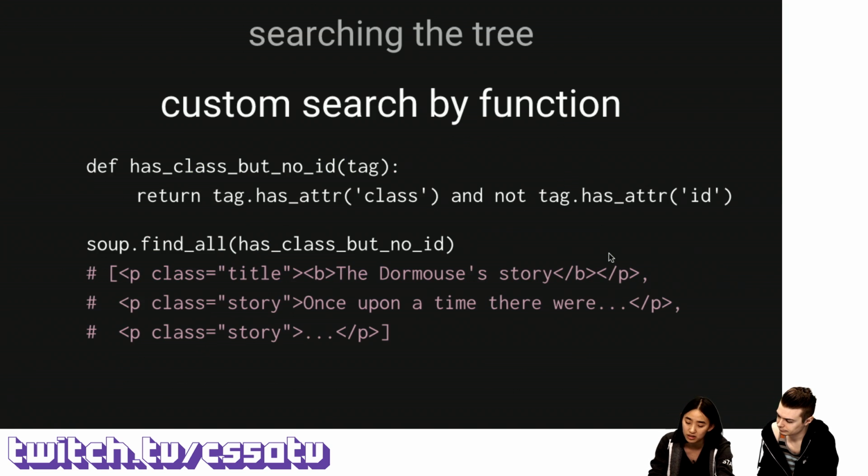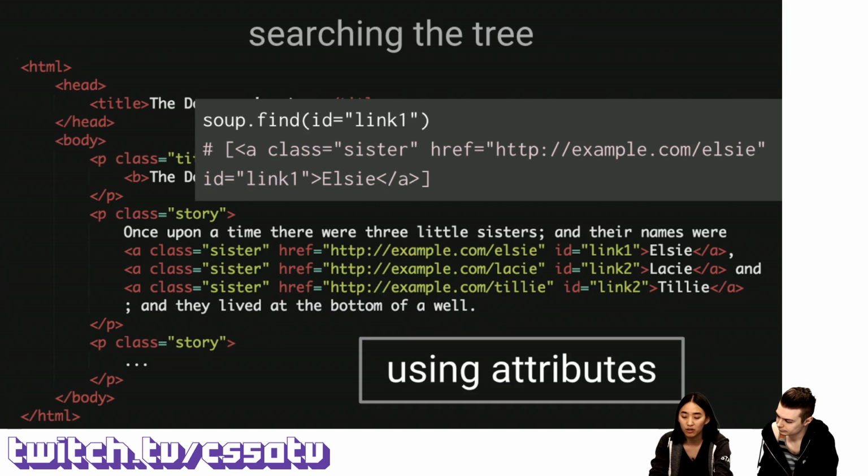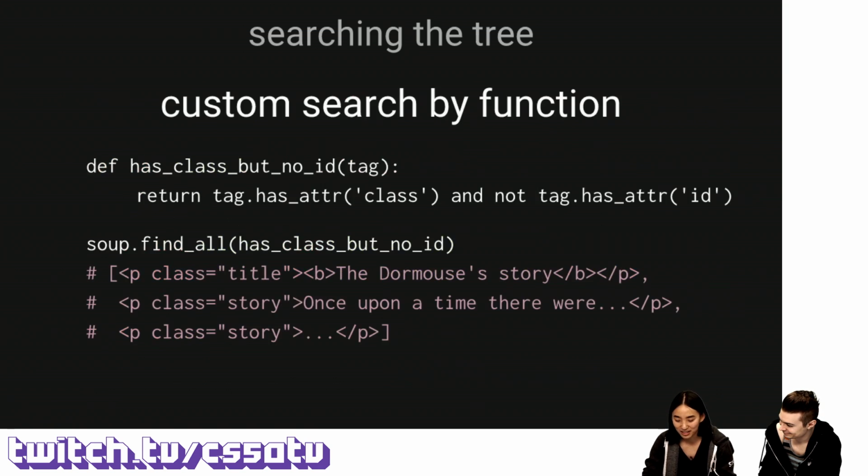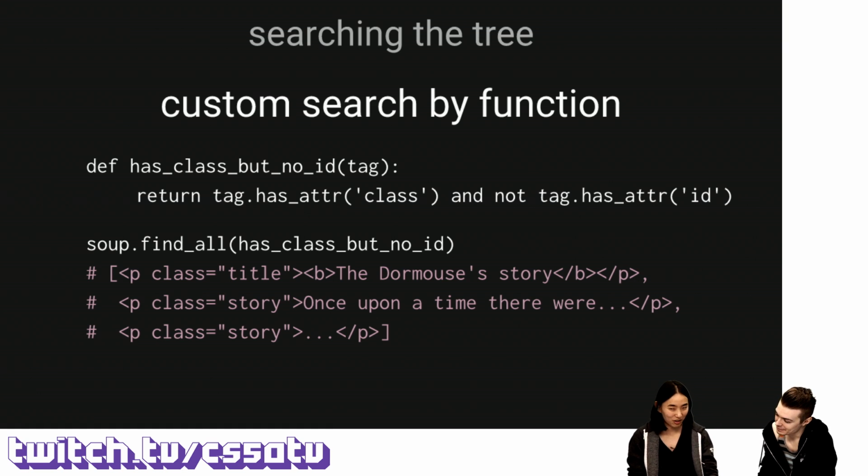So that's using attributes. And if you think searching by ID or class or tag is too restrictive, like maybe you want this very specific thing, do not fear, there are ways you can do that. A good thing about code is everything is super customizable.